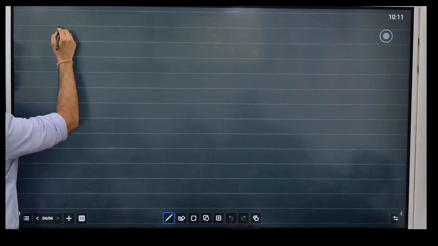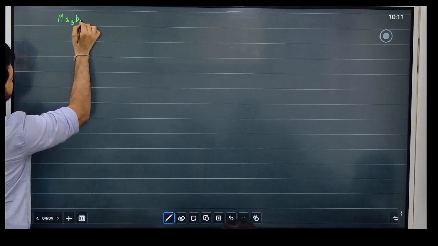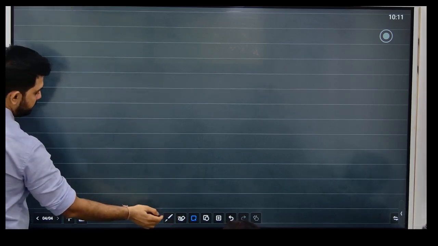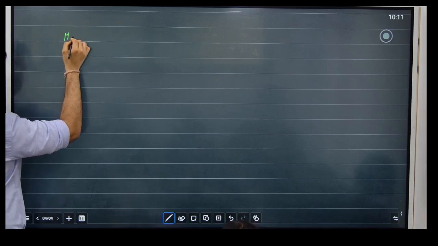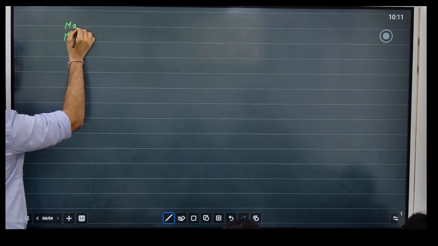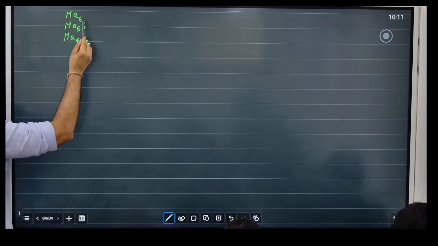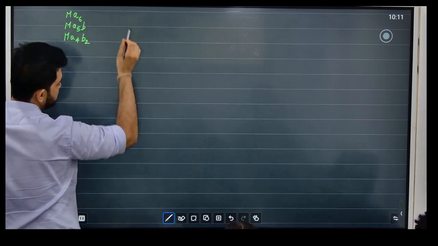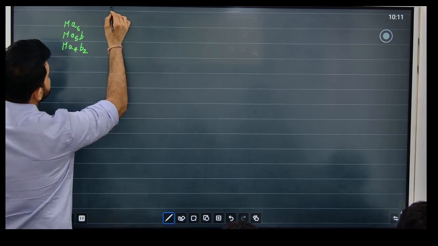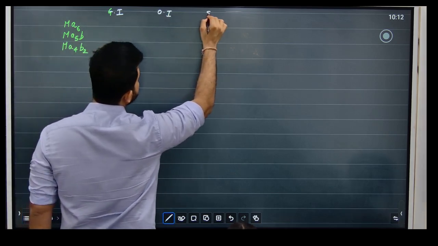So next I'll give you a पूरा table with all the different configurations. कौन से configuration थे people? We started with सबसे पहला M, A4, B2. But इसके पहले we could have had M, A5B, or we could have had उसके पहले M, A6. But for both, the number of GIs are 0. So geometrical isomer, optical isomer.